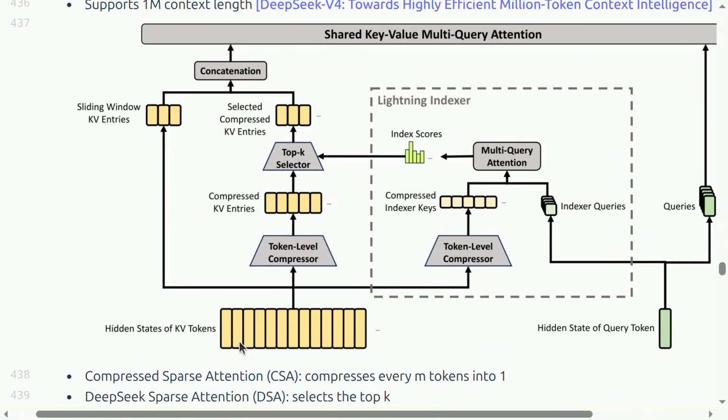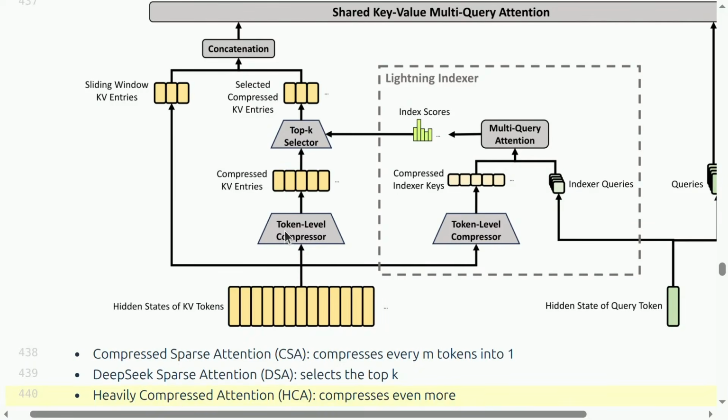Normally you have your KV tokens and your query token. Compressed attention basically compresses every M tokens into one token. Then there's DeepSeek sparse attention, which selects a subset of those to keep.